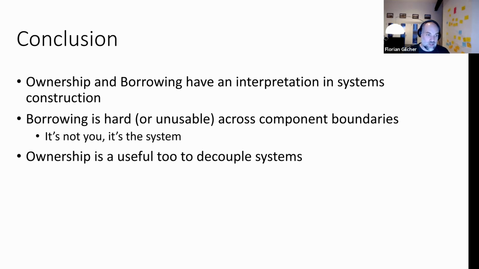And in my opinion, actually the more important of the two concepts in Rust. I hope I gave you a little bit of a different perspective on why that is and why you should reach for it by default, essentially.